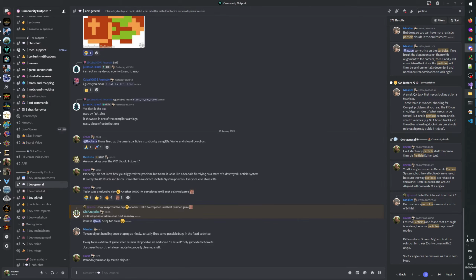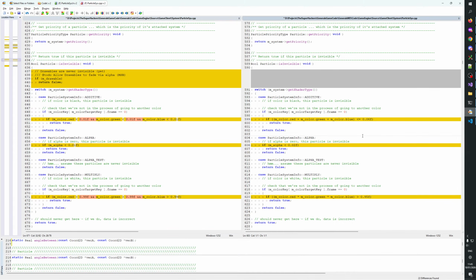Then let's get back to our merge. Yeah, so this guy here. Now the question is, what do we do here? Particle is invisible. Check that we are not in the process of going to another color. Yeah. Alpha. If alpha is 0, this particle is invisible.